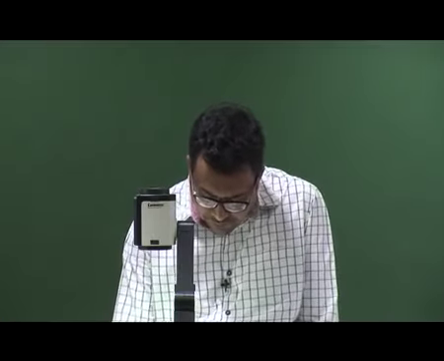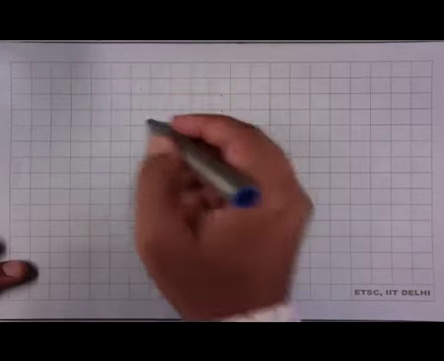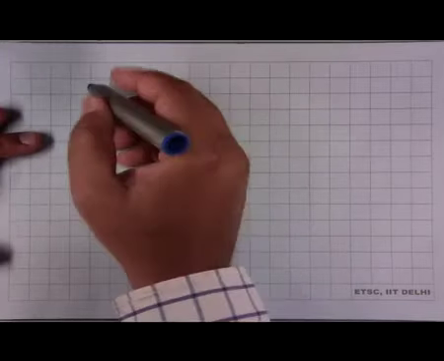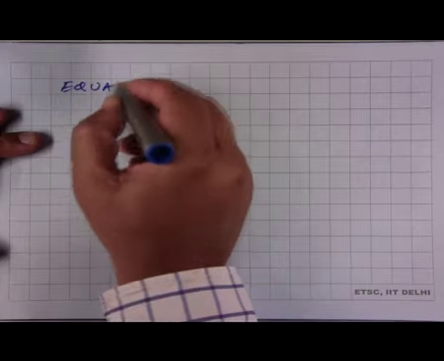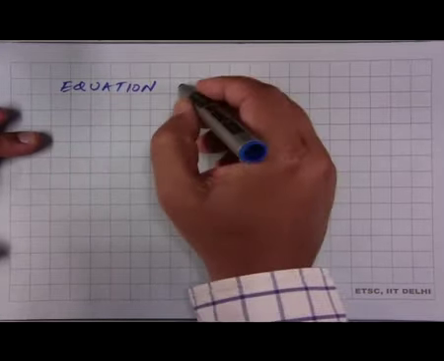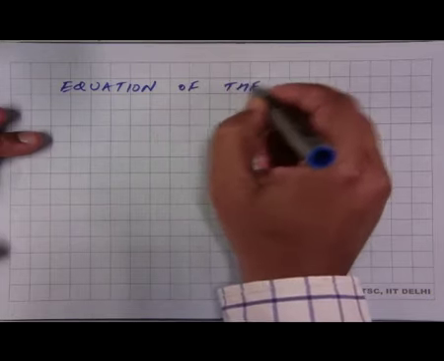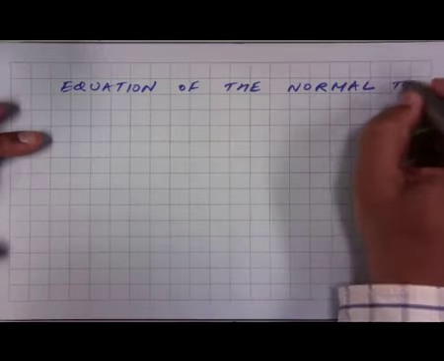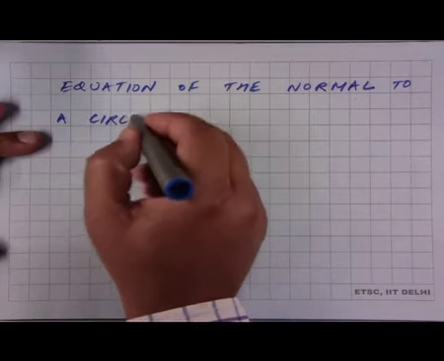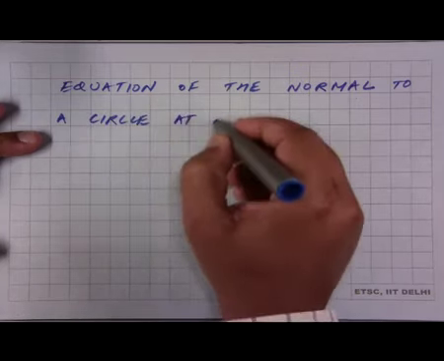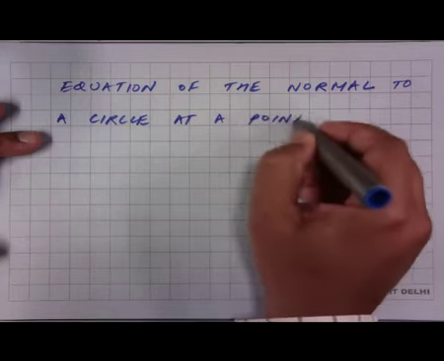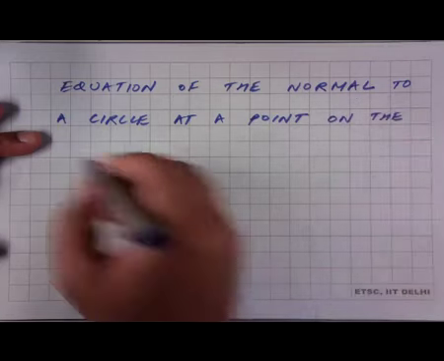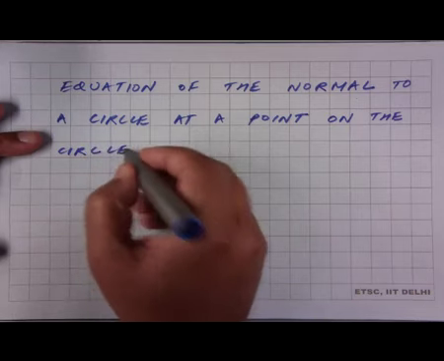So, just as we had derived the equation of tangent to a circle at a given point P, we next derive the equation of the normal to a given circle at a point on the circle.